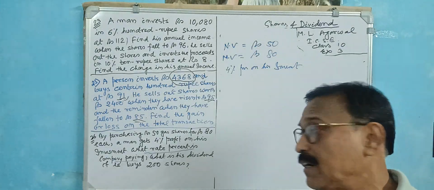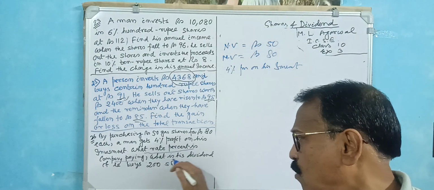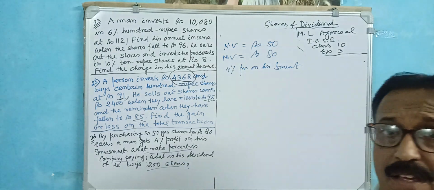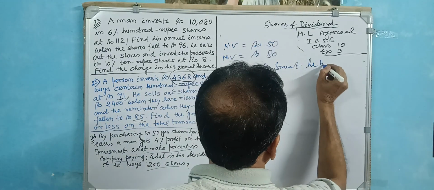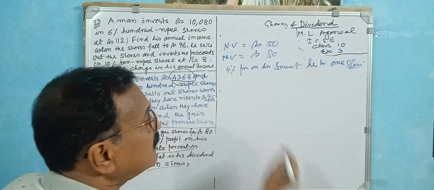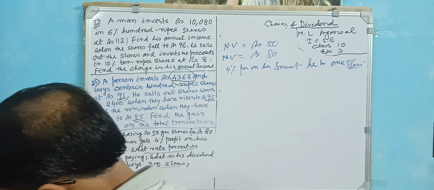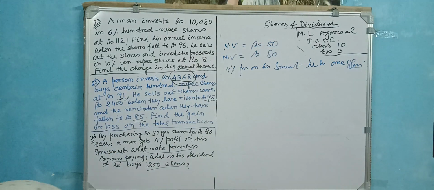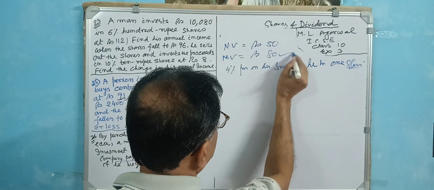If you calculate the dividend for one share, what is the dividend? Suppose he buys one share. So what is his investment? Actually 80. Investment is 80 each share.